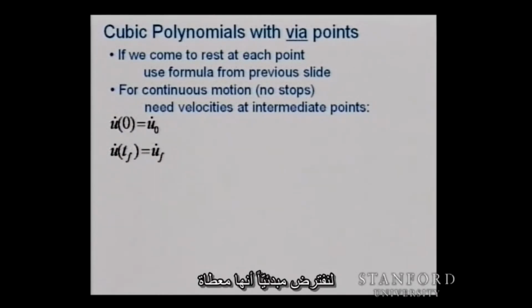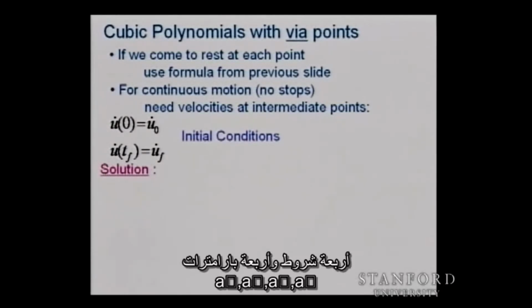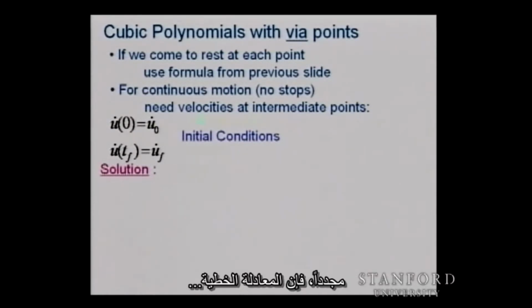Let's assume for a second that those are given. We'll see later how to deal with that. So those will be added to the initial conditions. We'll have the position in the beginning, the position at the end, the velocity at the beginning, the velocity at the end. 4 conditions, 4 parameters, a0, a1, a2, a3. Again, linear equations.